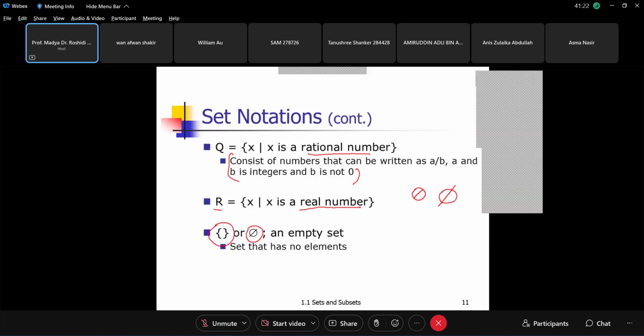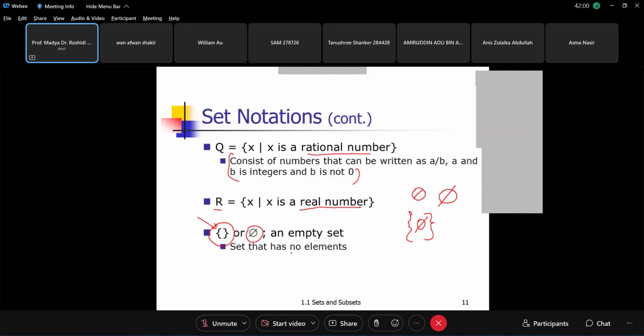Here means empty set. We can't represent empty set like this one. This is not an empty set. This set has an object. The object is this symbol. So in order to represent the empty set, either utilize this one, meaning nothing here, or here. They have no object like this one. But this one is no entry. This one is empty set.